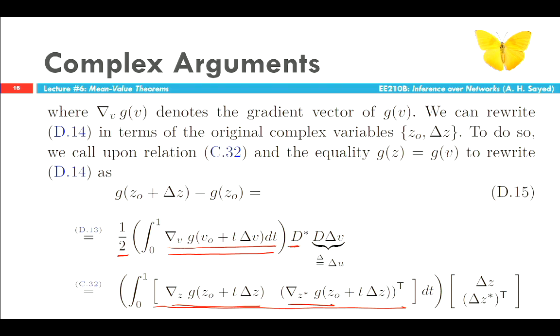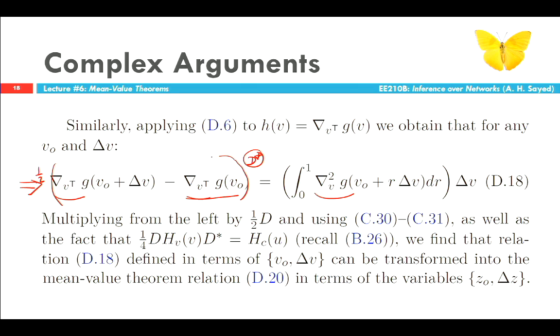Are you following? Okay. So this actually will give me something that involves a gradient relative to z and a gradient relative to z star. Okay? Fine? Because you see, this is gradient relative to a row, I get a column. And the first term also will involve a gradient relative to z, relative to z star. This one will be evaluated at z0. This one will be at z0 plus delta z. I'll show the details on the next slide. I'm just motivating it.